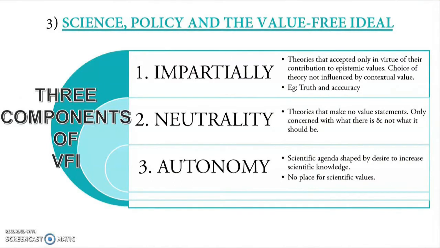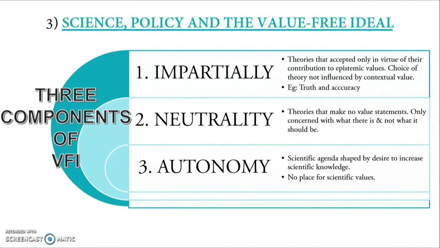Next, science policy and the value-free idea. There are three components of the value-free idea. First, impartiality: theories are accepted only in virtue of their contribution to epistemic values. The choice of theory is not influenced by contextual values, for example, truth and accuracy.